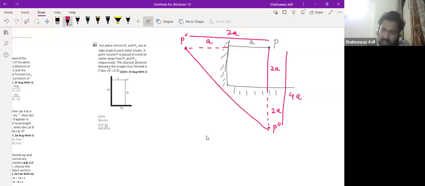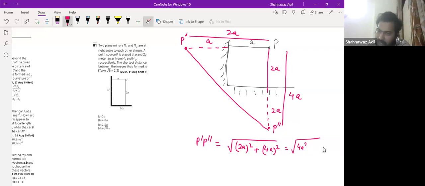So the distance between P prime and P double prime is the square root of 2a squared plus 4a squared, that is 4a squared plus 16a squared, so 20a squared. So a root 20.